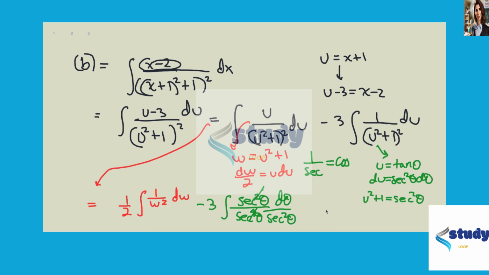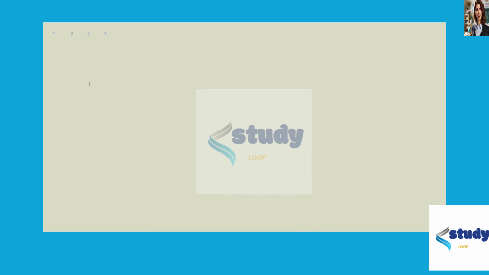So let me go to the next page here. And also note here for this first integral, this is just negative 1 over w. So going on to the next page, we have 1/2, and then negative 1 over w, which is u squared plus 1. That's the first integral that we had in red.